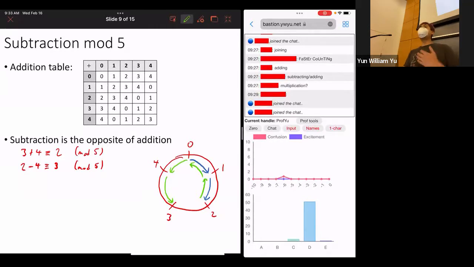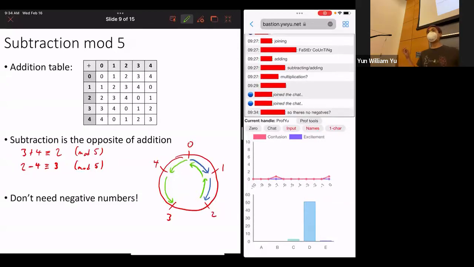And one of the things you'll notice is that when you're going backwards, going counterclockwise along the circle, you still always end up at one of the numbers you already have. And so for this reason, we don't need negative numbers, because no matter what you subtract, you're still somewhere on that circle, because that's the whole point of a circle.